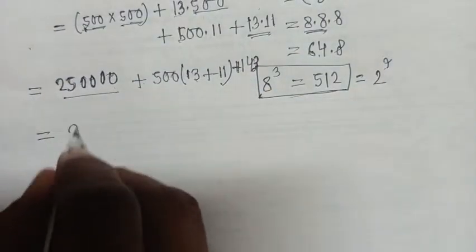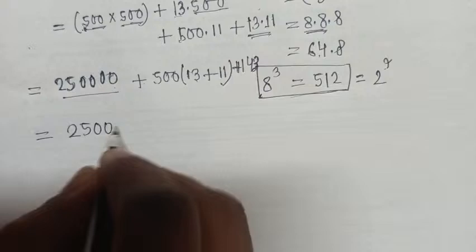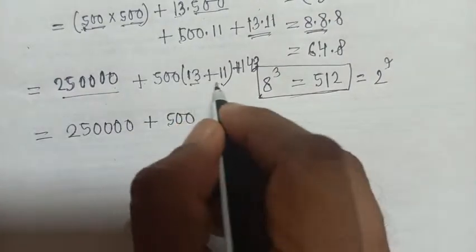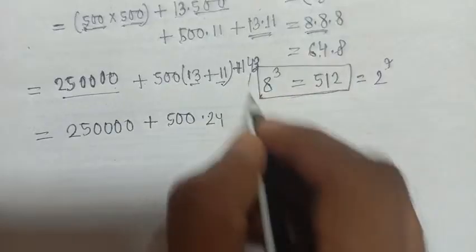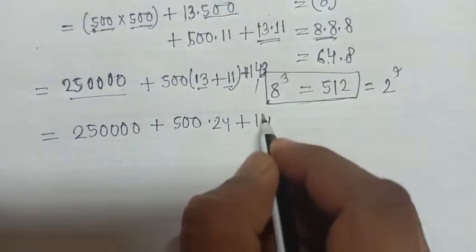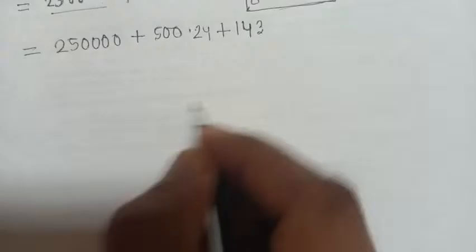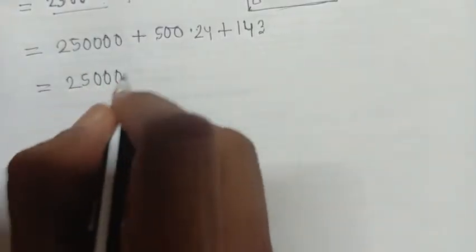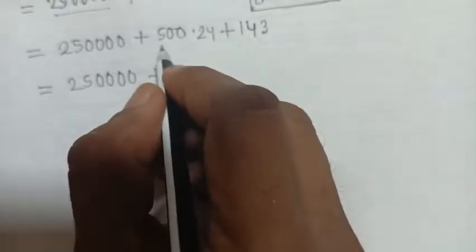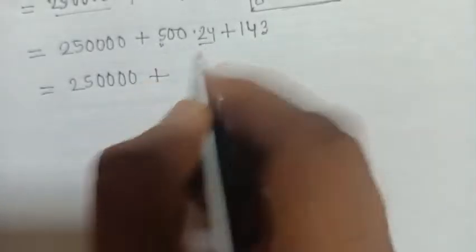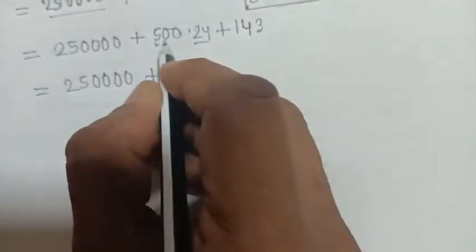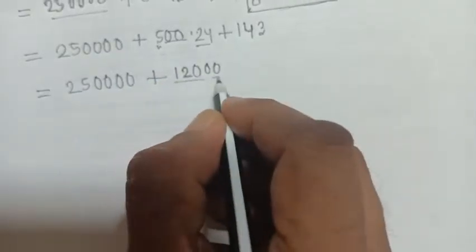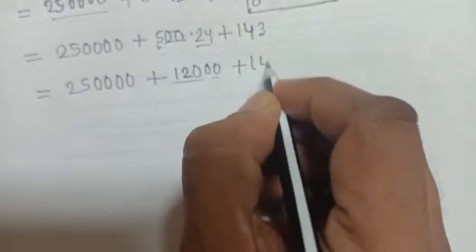Now we are writing the same: 250000 plus 500 into 2, that is 1000, and the 143 should be here. Now we write the same: 250000 plus 12000, and 143 is to be added.